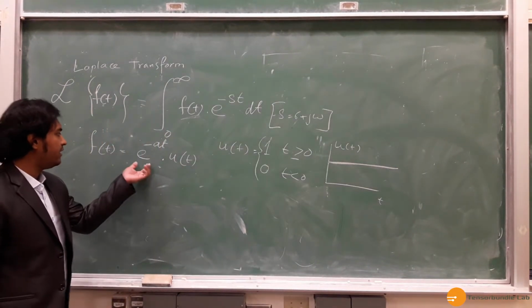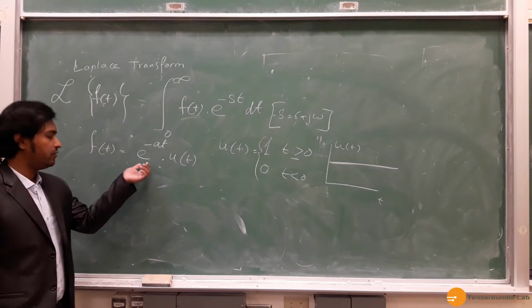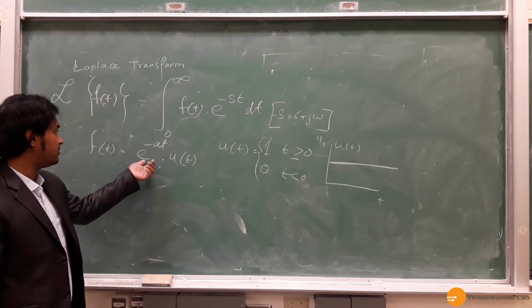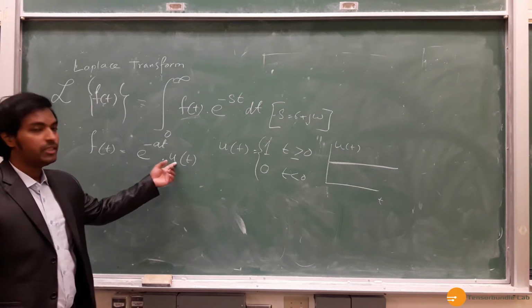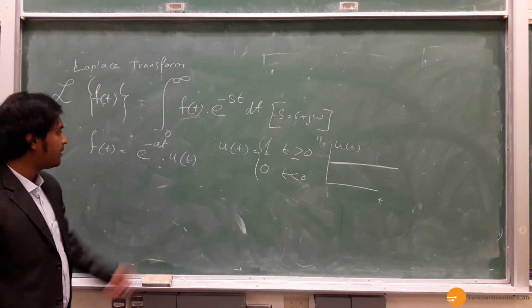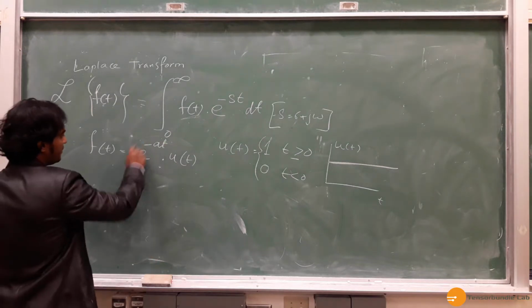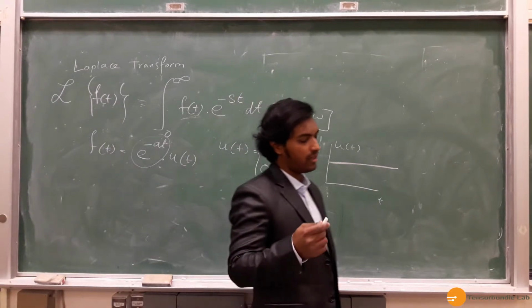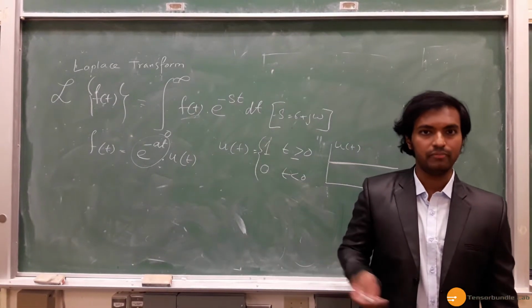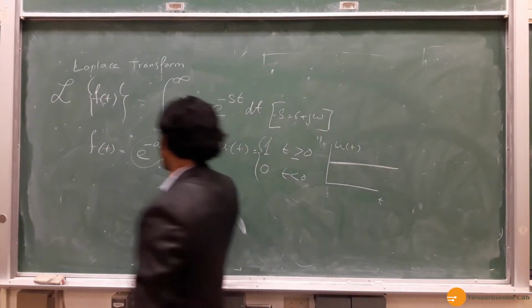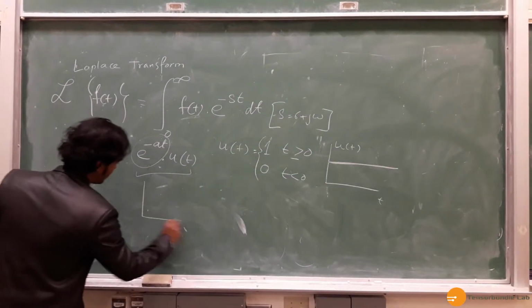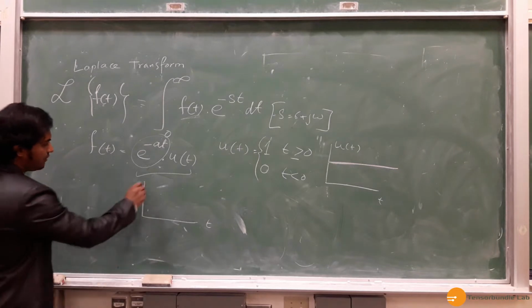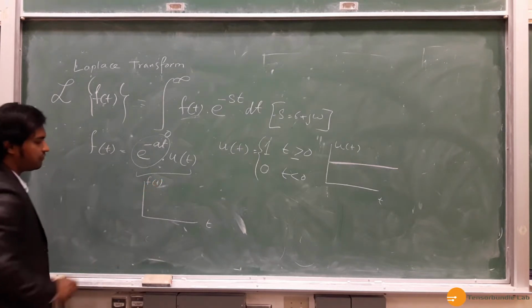When you multiply any signal, like here we have the exponential signal, and we multiply it with our unit step u of t, then the signal will only have value for the positive time axis. For example, the graph of the signal will be like this. Here it's the t axis, and here the axis is f of t.